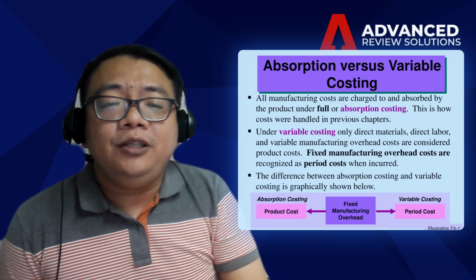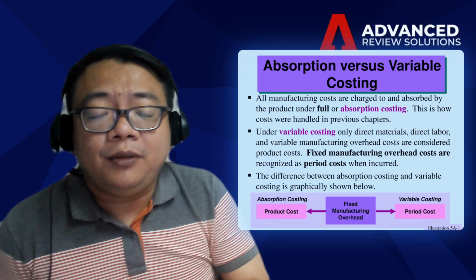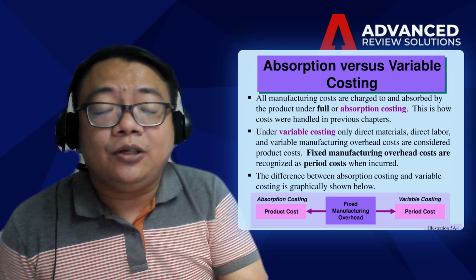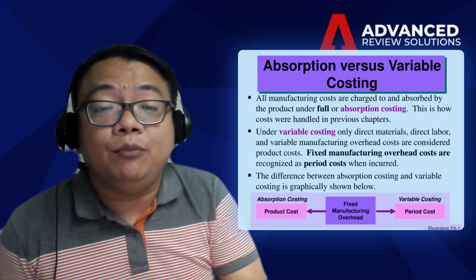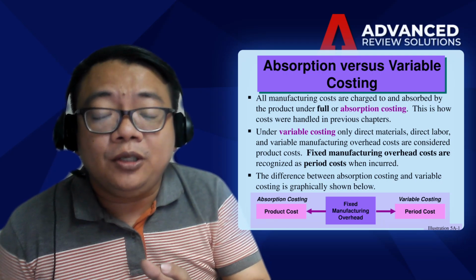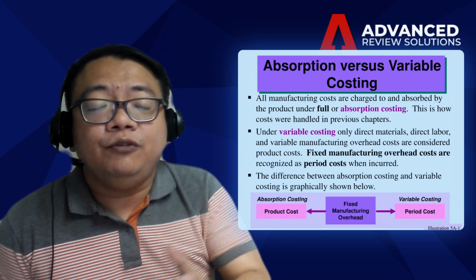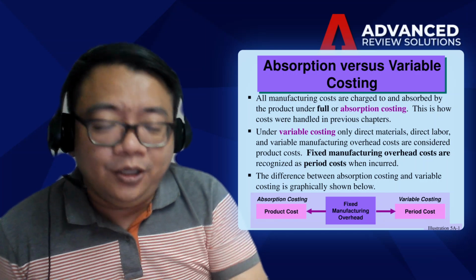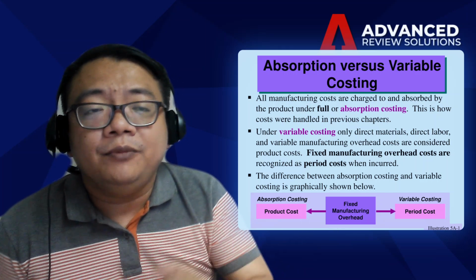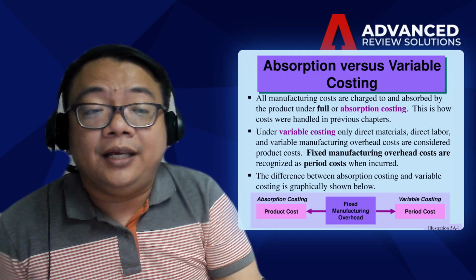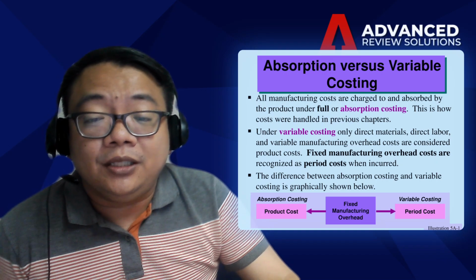We go back to our definitions. What is the difference between product and period cost? Product cost is inventoriable cost, meaning it is first considered inventory and eventually becomes part of the cost of goods sold. When you say period costs, it is expensed outright. That's the main difference between the two.